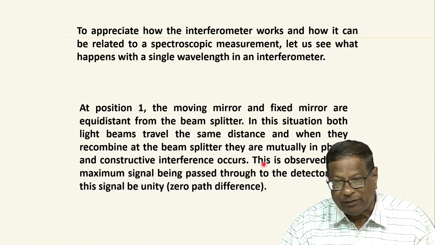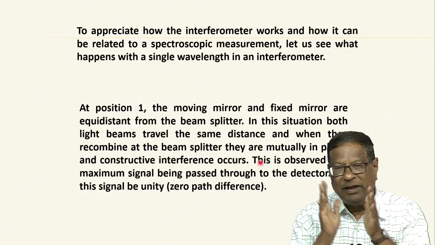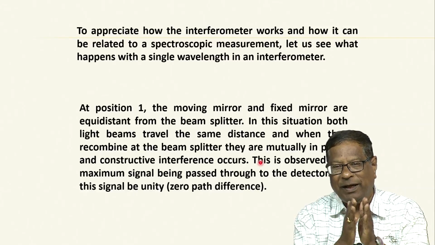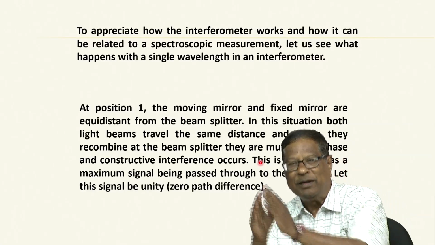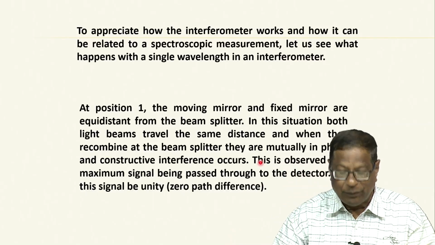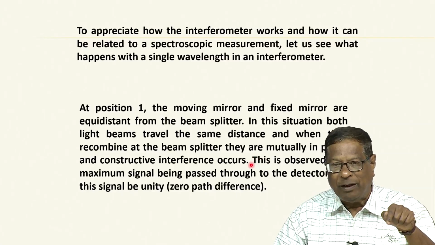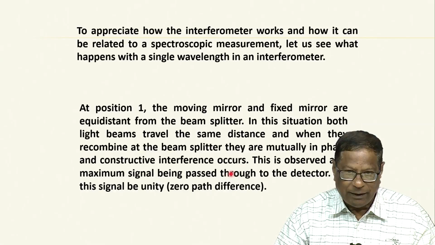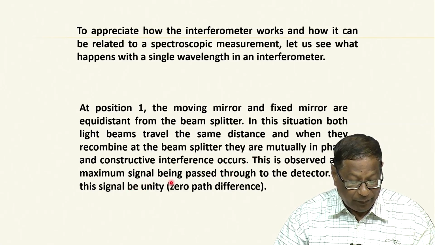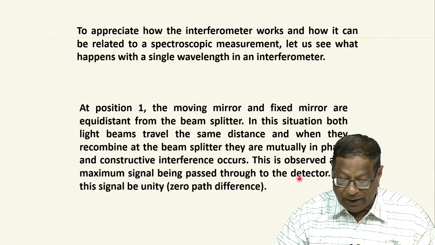If you remember what I have taught you, you get bands of intense radiation: dark spot, bright spot, dark spot, bright spot, like that. When the path difference is 0, you get a bright spot, and when it is not 0, you get a dark spot. So, this is observed as a maximum signal being passed through to the detector.